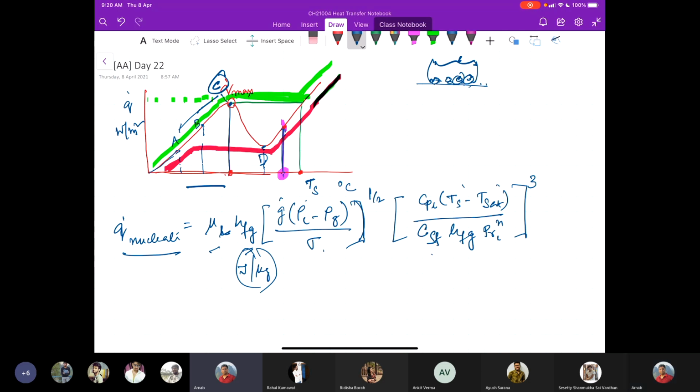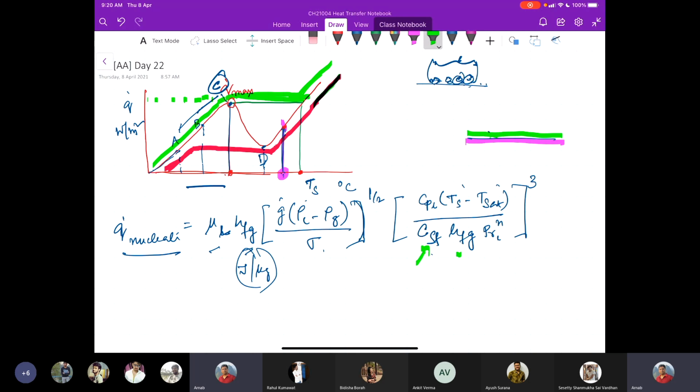C_sf is basically a constant that depends on the surface and fluid condition. So on this combination of the heating surface and the fluid condition, the value of C_sf typically varies. So s stands for the surface, f stands for the fluid. So C_sf you can remember in that way.